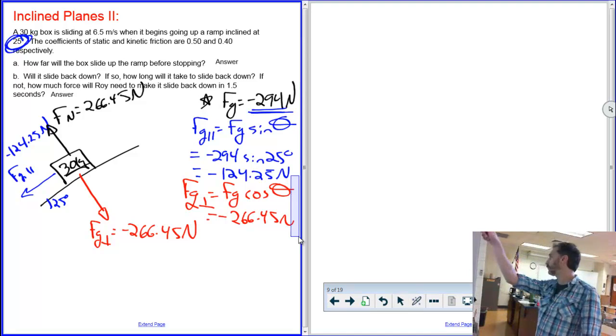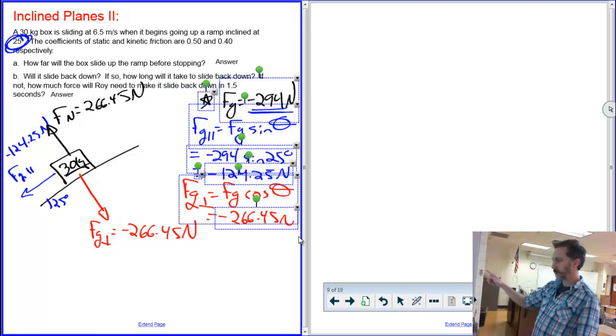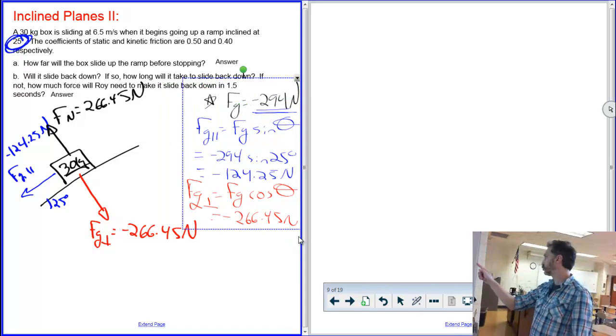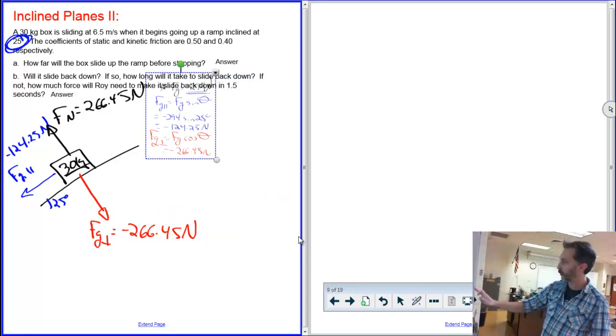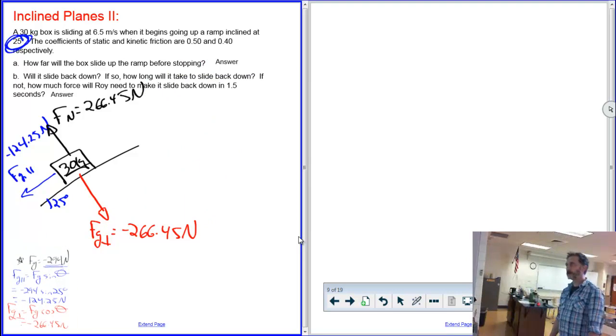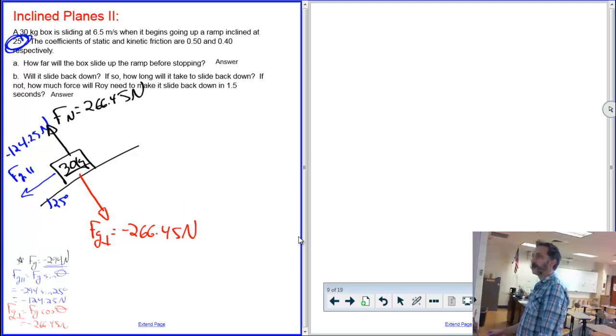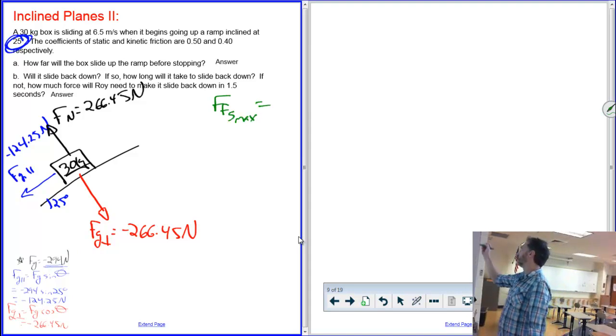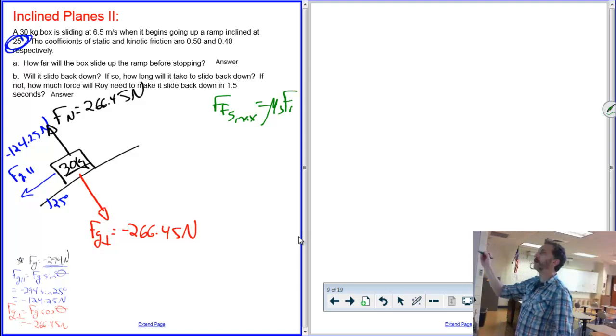So let's move this stuff out of the way. I'm going to shrink it and then put it down here. Now we can take a second and find our forces of friction. So our force of friction static max is our coefficient of static friction times our normal force.